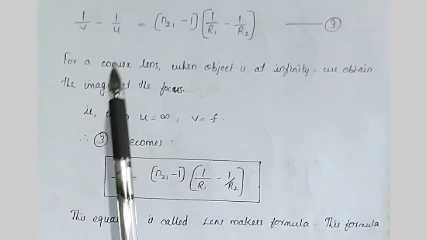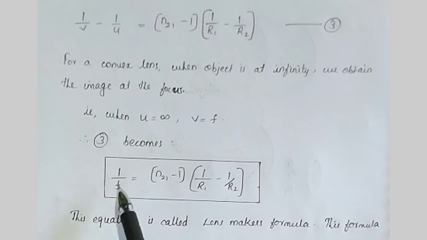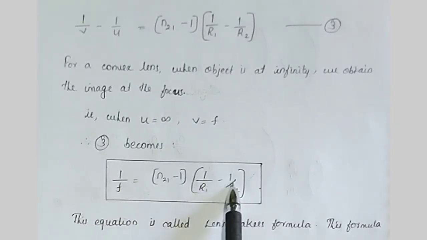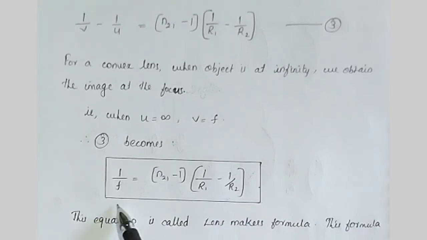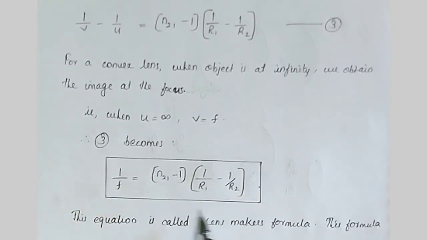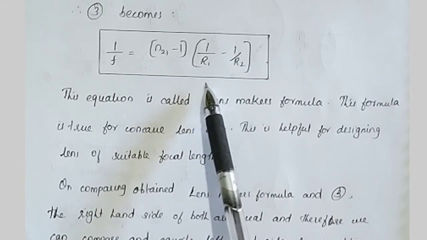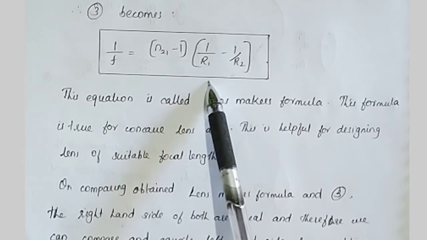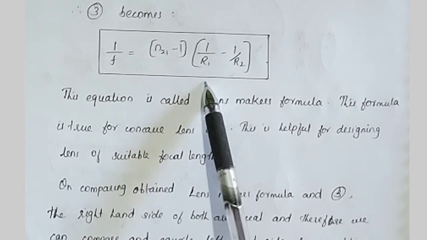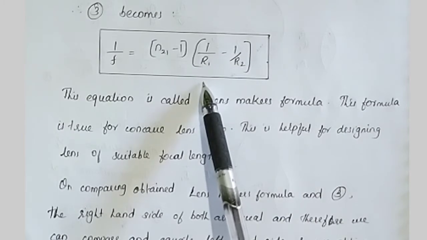For this case, our expression becomes 1 by f is equal to n21 minus 1 into 1 by r1 minus 1 by r2. This equation is known as the lens maker's formula, and it is true for both convex lens and concave lens. This is known as the lens maker's formula because it is helpful for designing lenses of suitable focal length.